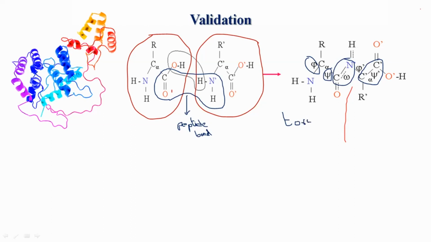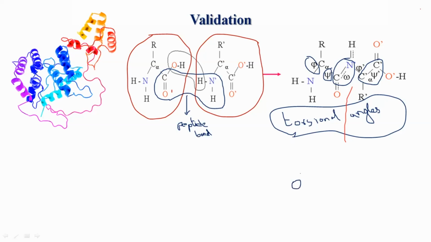These torsion angles between the atoms will define the stability of the protein structure we have generated. The bond length and torsion angle between alpha carbon and beta carbon and alpha carbon and nitrogen are nothing but the phi and psi angles.